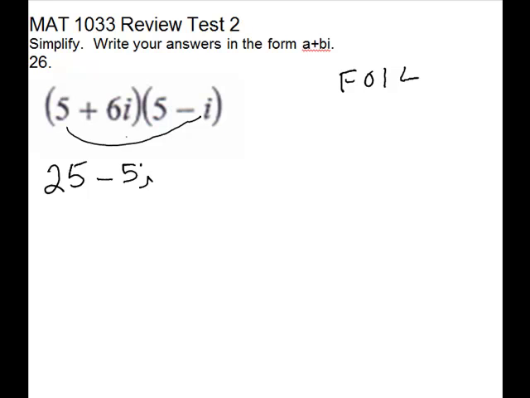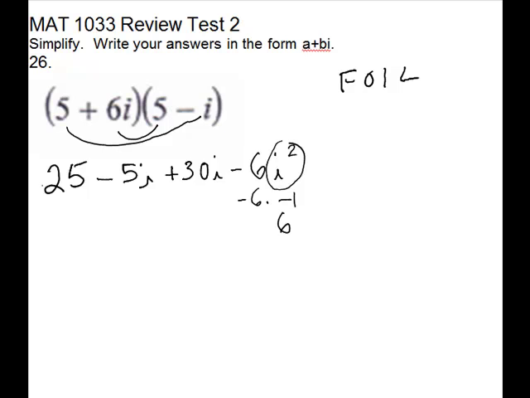I is for inside, so will give us plus 30i. And last, 6i times negative i will give us negative 6i squared. And remember, when you get i squared, that is a negative 1. So we have negative 1 times the negative 6. That's going to give us a positive 6.